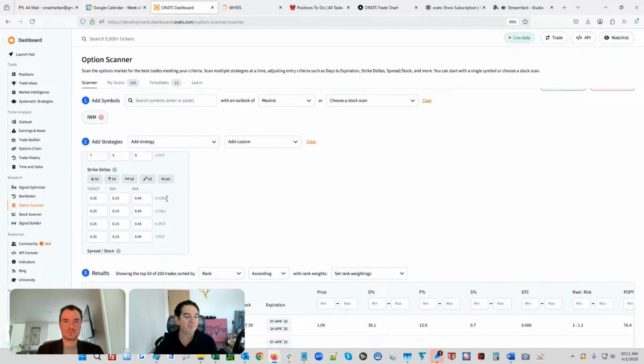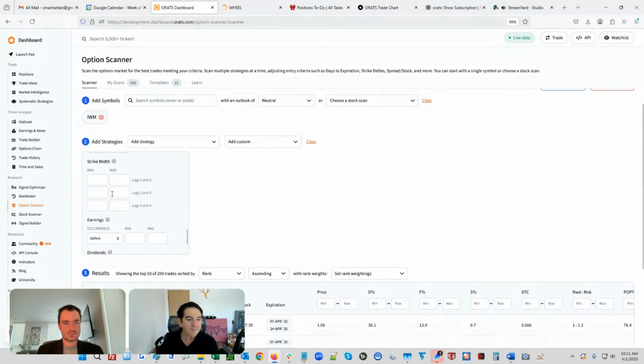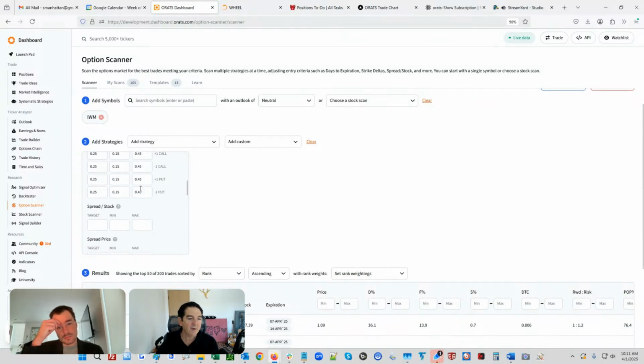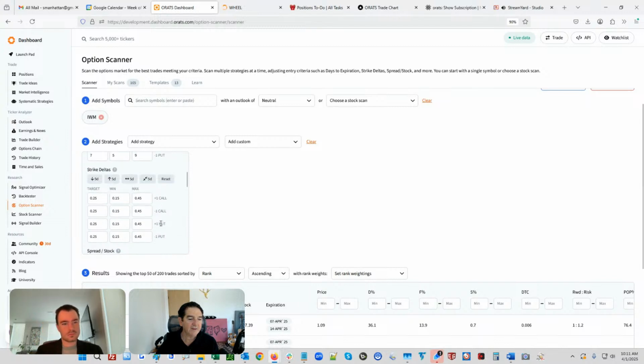I want to have just more of a neutral one. So I want the call to be farther out of the money, so this minus that will be positive. So I'll set that. Again, at least two strikes. And then we already know that the call minus put is going to be positive.